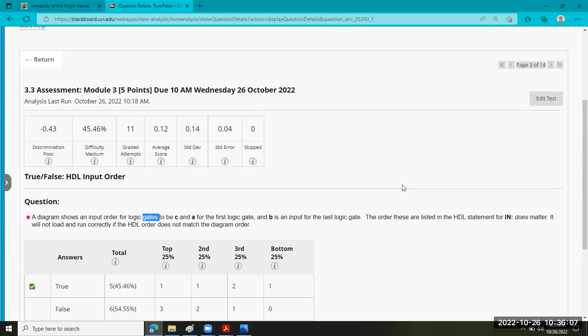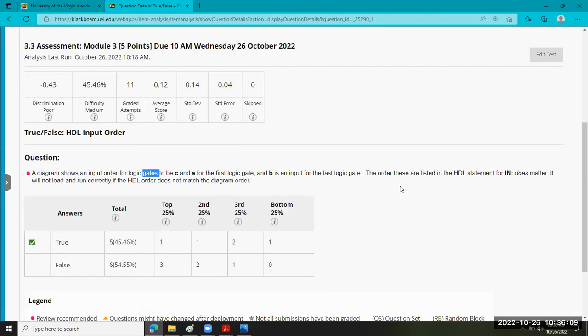You were saying that most times it's false? Most of the time, the order of the listing in the HDL code doesn't matter, so long as you're dealing with basic components and basic inputs. But what's going on is that we have a custom logic gate and we've gone out of our way to call out C and A. And then there's another logic gate that follows, right?